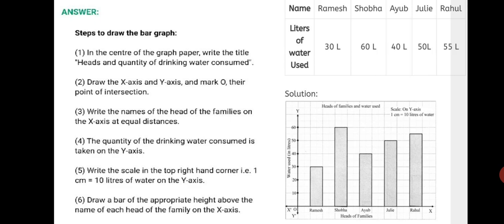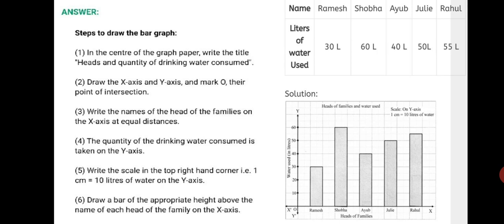Once you do the first sum, the other sums will be much easier to follow once you practice your steps well. So these are 6 steps you should follow for all the sums. First, write the title. From the question you will get it. Second, draw the x and y axis. Third, on the x-axis write the names which are given in the table.